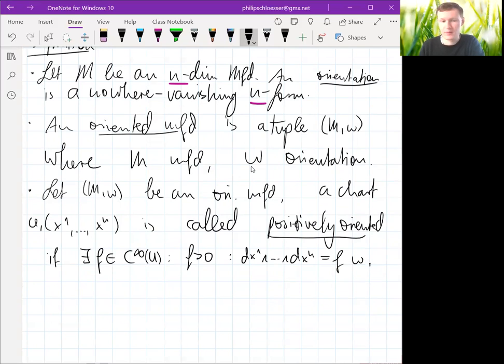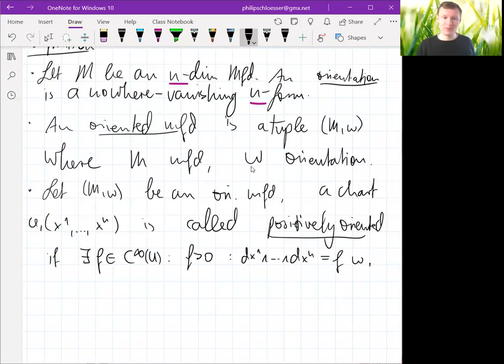Now, such a function always exists. And if we choose our chart to be connected, it is always non-zero, so it is either positive or negative. If it's positive, we call the chart positively oriented.